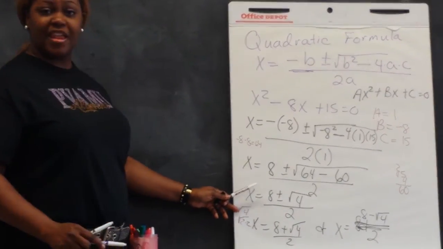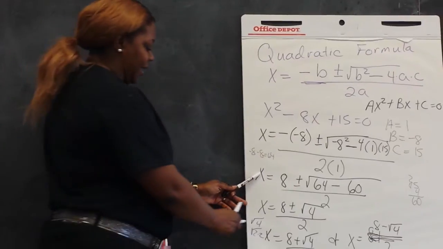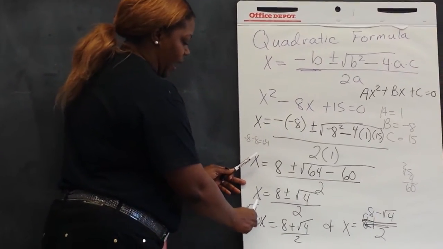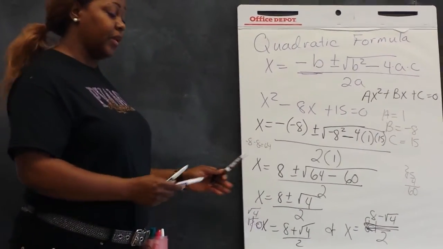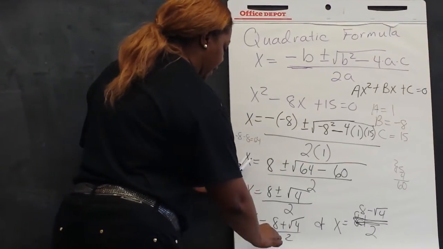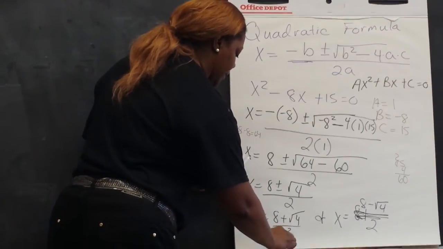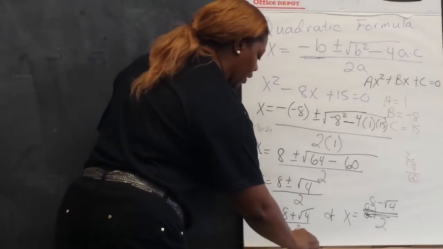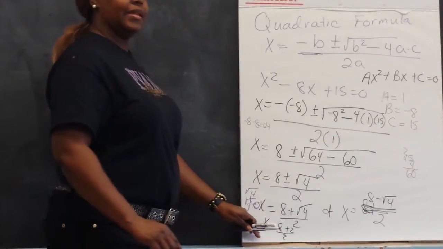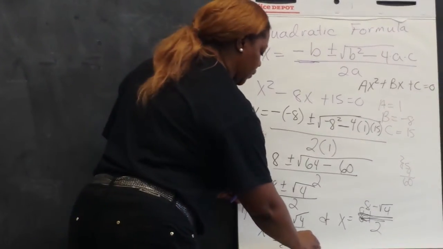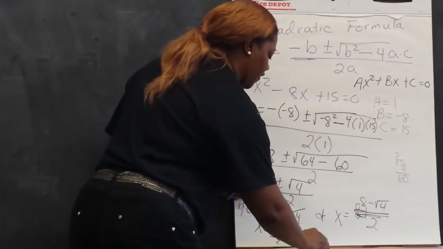If I have 2 of anything under the square root symbol, I can cancel out 1 and bring 1 out. So therefore, I would just have 2 there. So now just read x equals 8 plus 2 over 2. And 8 plus 2 is 10. So we'll get 10 over 2.